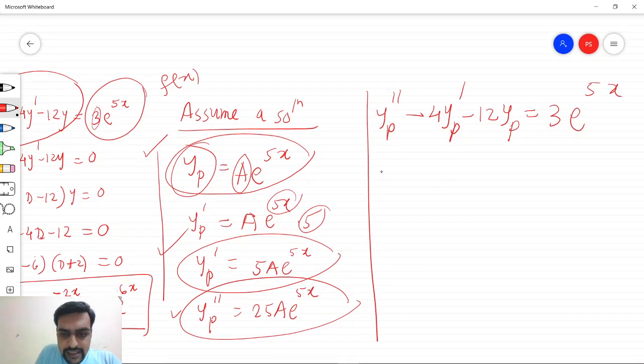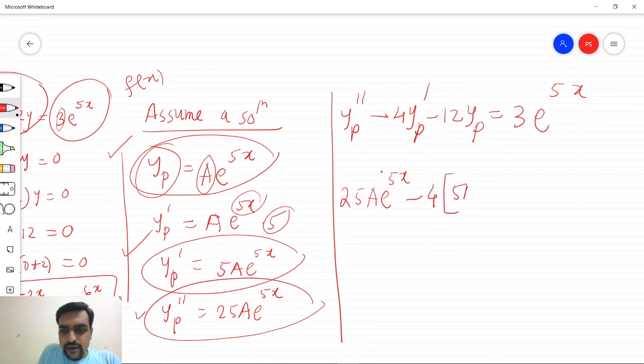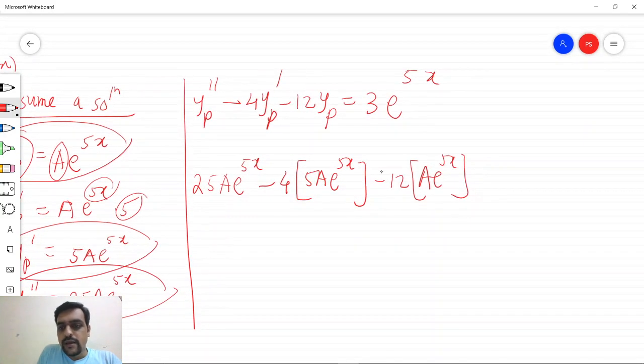Now yp double dash is 25a e raised to 5x, minus 4 times yp dash, which is 5a e raised to 5x, minus 12 times yp, which is a e raised to 5x, equal to 3 e raised to 5x.